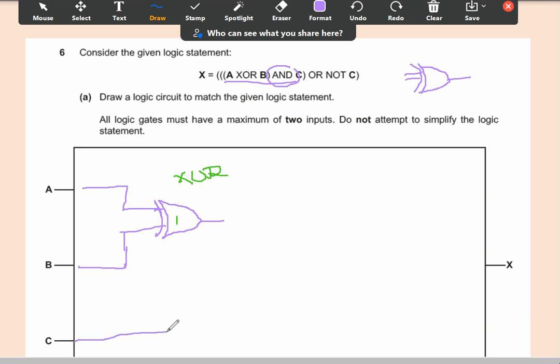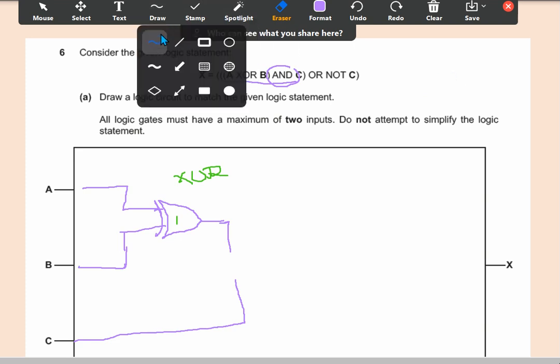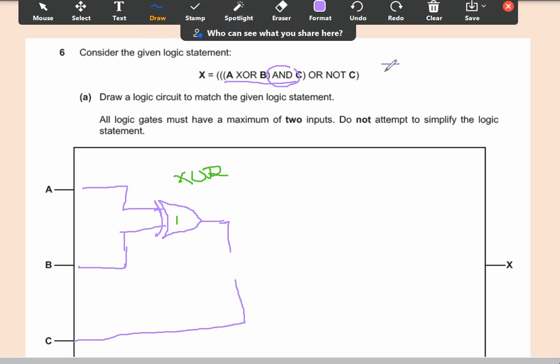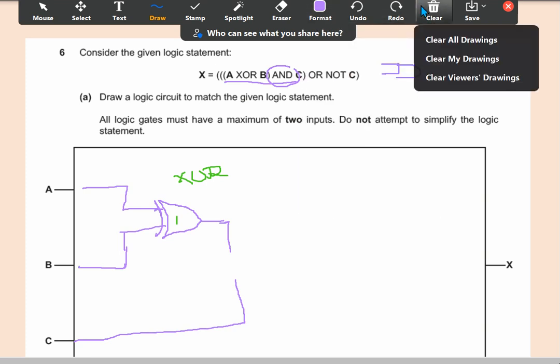Combining it to the XOR gate, but this is an AND gate. And again, if you try to recall, the AND gate must look like that way, and then that way. It's like a semi-oblate.